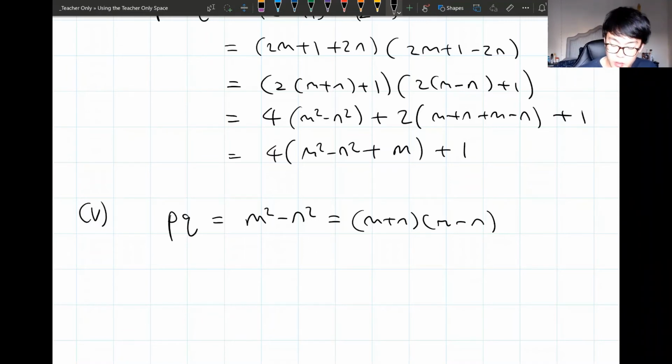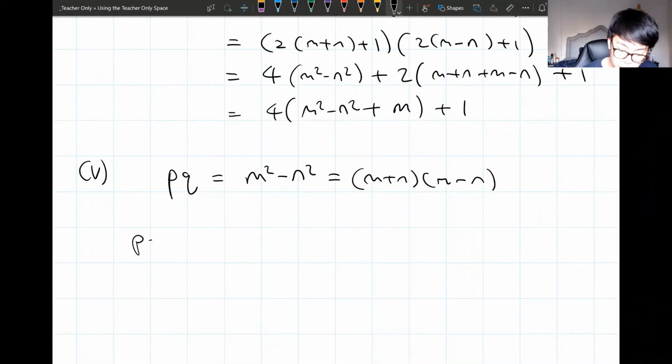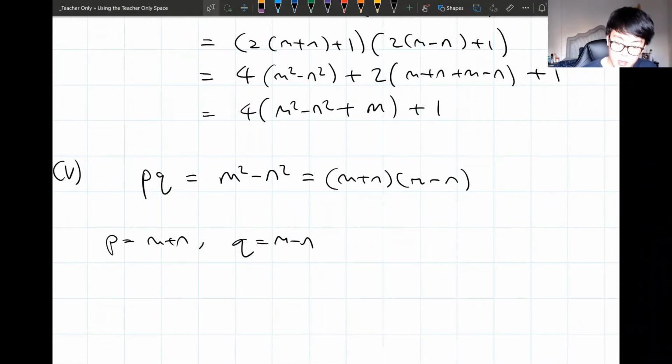So there are two scenarios. We can either have p is m plus n, q is m minus n. If you do the maths, you should obtain m is (p plus q) over 2, n is (p minus q) over 2.